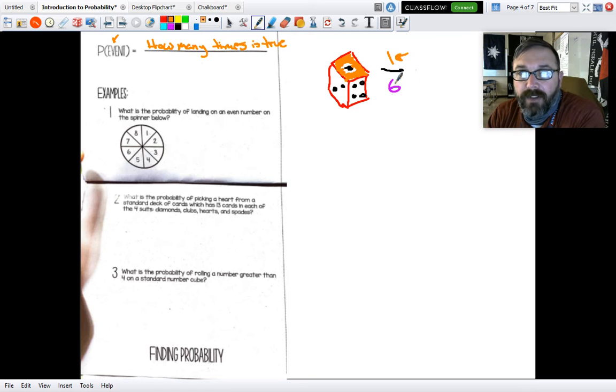And now we're building it as a fraction, and it's going over, right? Over, and then what is the 6? Well, the 6 is saying there's 6 total sides, so we're saying how many possibilities there are. I'm going to use less words and just say total possibilities.